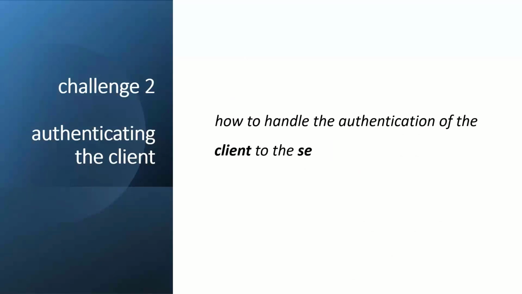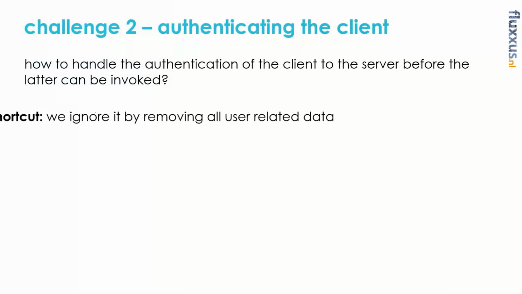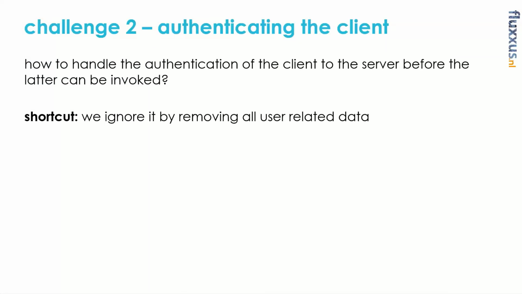How to handle the authentication of the client when it calls the server, before it can really invoke an action on the server side. Well, the shortcut is we're going to ignore it. That's the trick Microsoft uses, and I followed that one. They remove all user-related data and run the tests on an environment where Windows authentication has been set up.